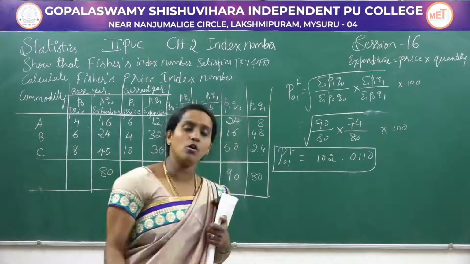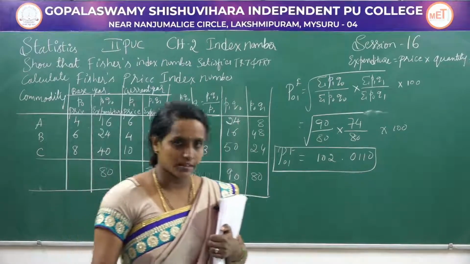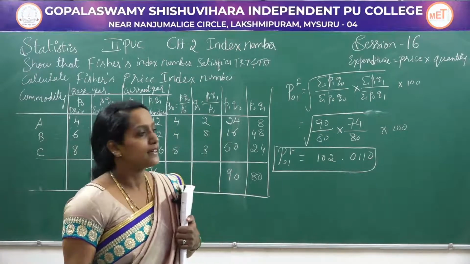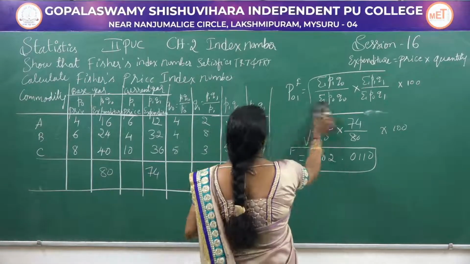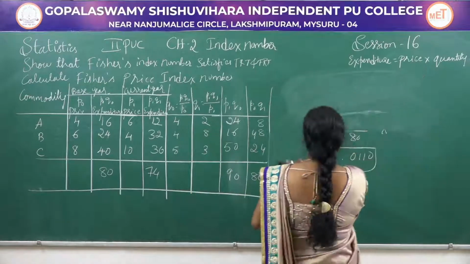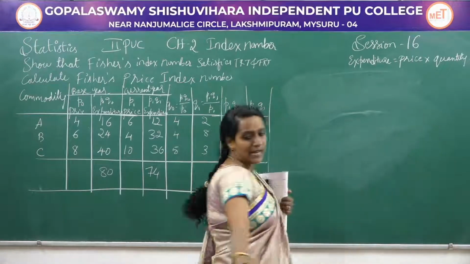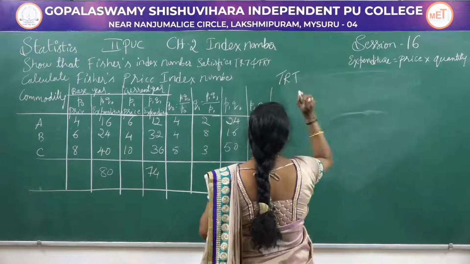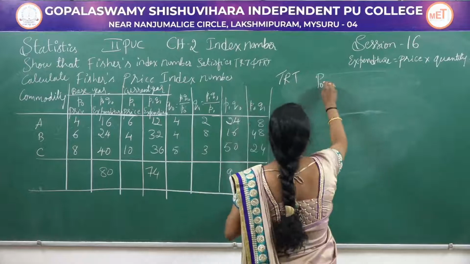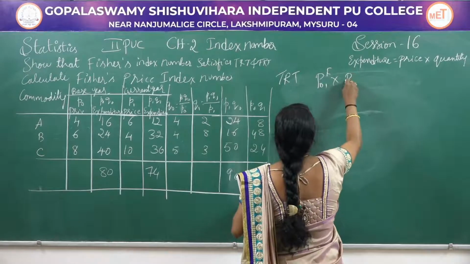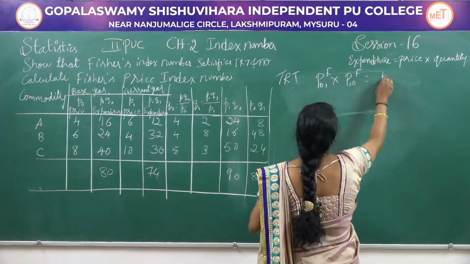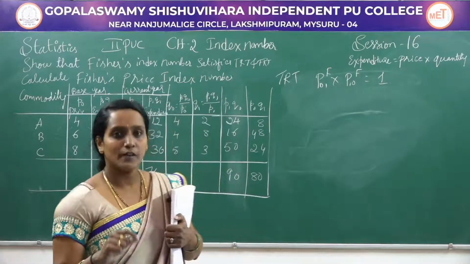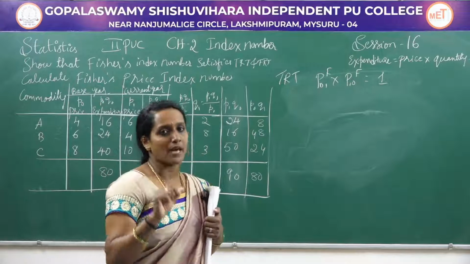Next we have to show that this Fisher's price index number satisfies the TRT condition and also the FRT condition. Let's go for that. First I will write down the condition for TRT. The condition for TRT is P01 of Fisher's into P10 of Fisher's is equal to 1. Here we are reversing the time in Fisher's price index.